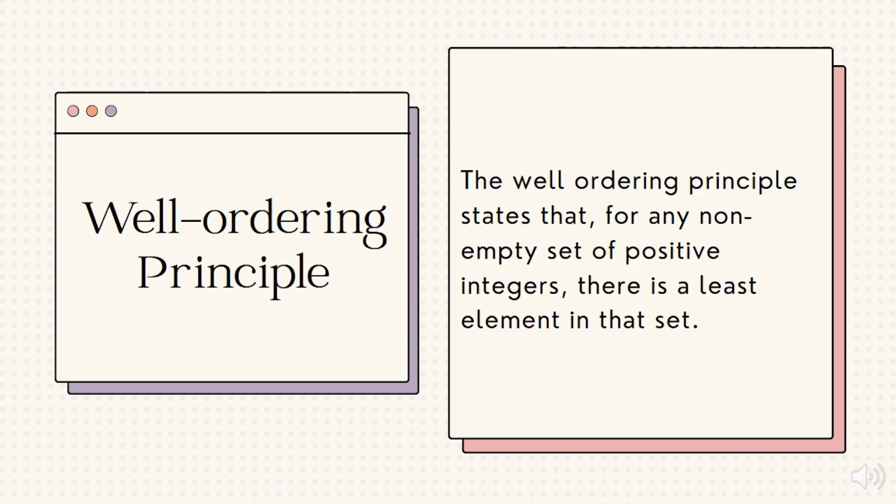So, what is the well-ordering principle? It states that for any non-empty set of positive integers, there is a least element in that set. In other words, any non-empty subset of the natural numbers has a minimum. Remember that natural numbers are a collection of numbers 1, 2, 3, and so on, and we don't consider 0 as a natural number.